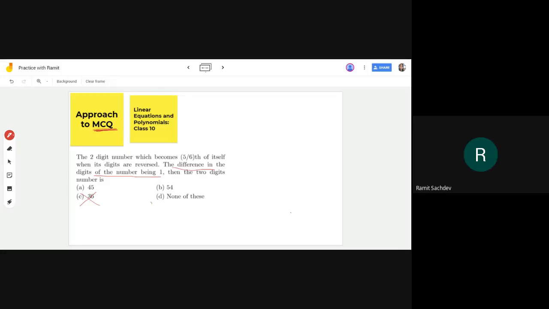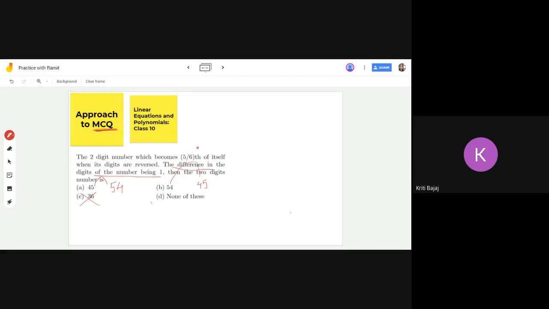Like basically, if we have 45, the difference in the digits of the number is 1. Correct. So you are saying if we make 45 54. Correct. So is 45 made to 54 an option suiting here, or 54 made to 45 possible over here as per the question? Two-digit number becomes 5/6 of itself.